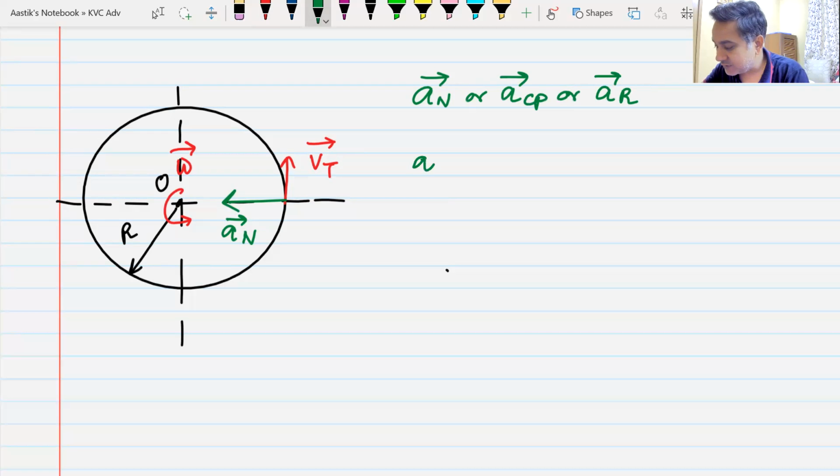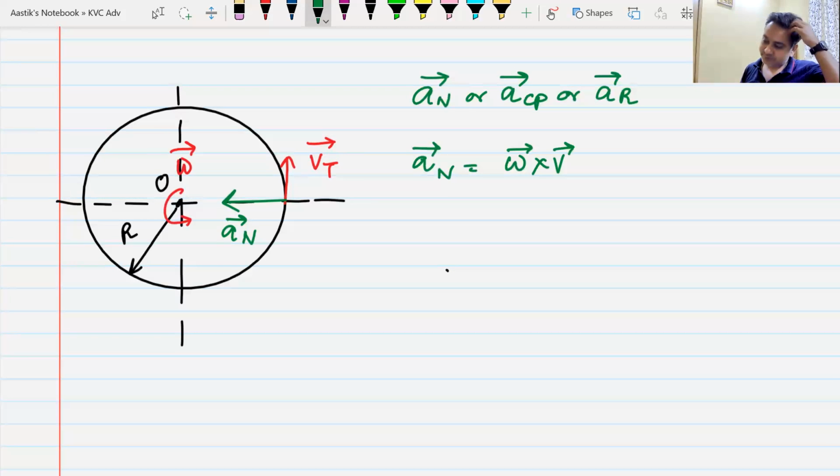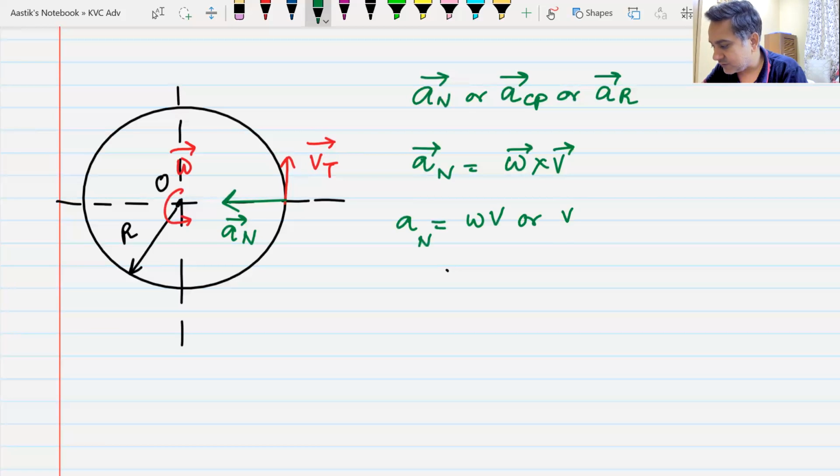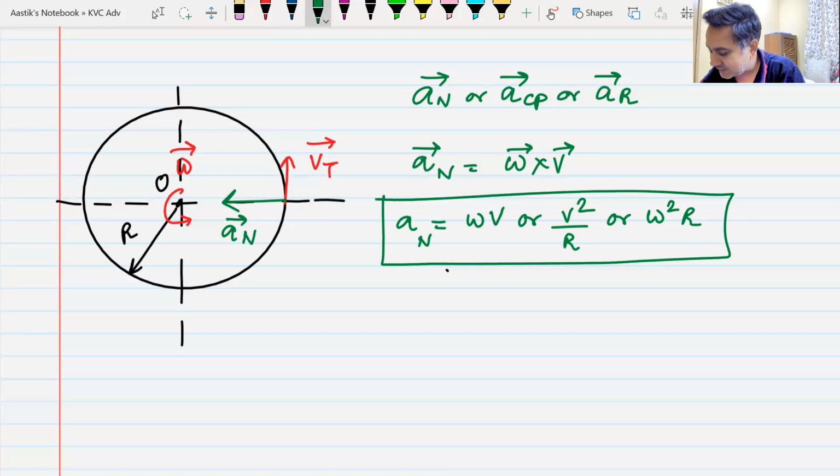And if I write anything, let me use the word normal, because one is tangential, one is normal, so it is easy to relate. Vectorly, this is how the direction is. If you want to write just the magnitude, normal acceleration will be omega into v, or you can write it as v square by r, or omega square r. This is the magnitude of normal acceleration.